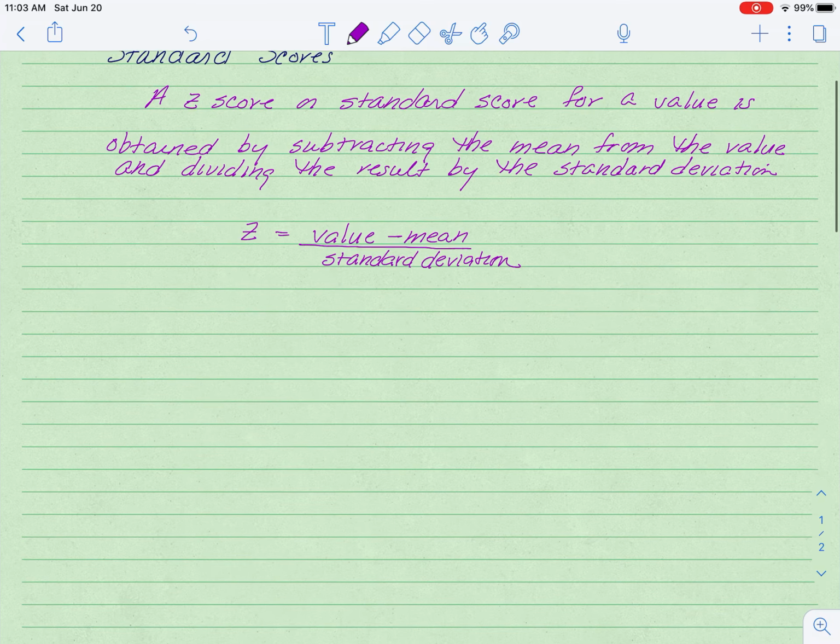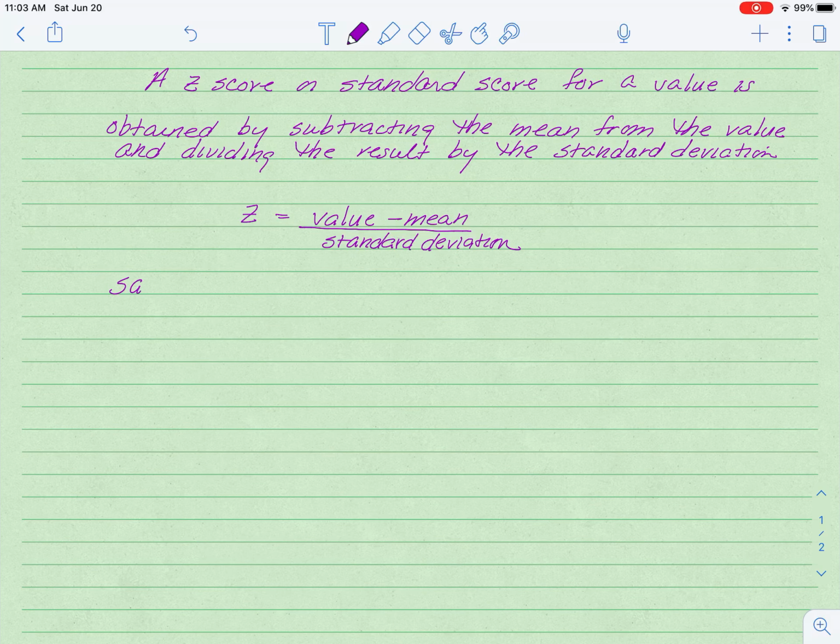If we're talking about samples, the formula looks like z equals x, the value, minus the mean of the sample, divided by the standard deviation. If we're talking about a population, which is what we're mostly going to do at first, then it's z equals the value of the data minus the mean of the population, over the standard deviation of the population.